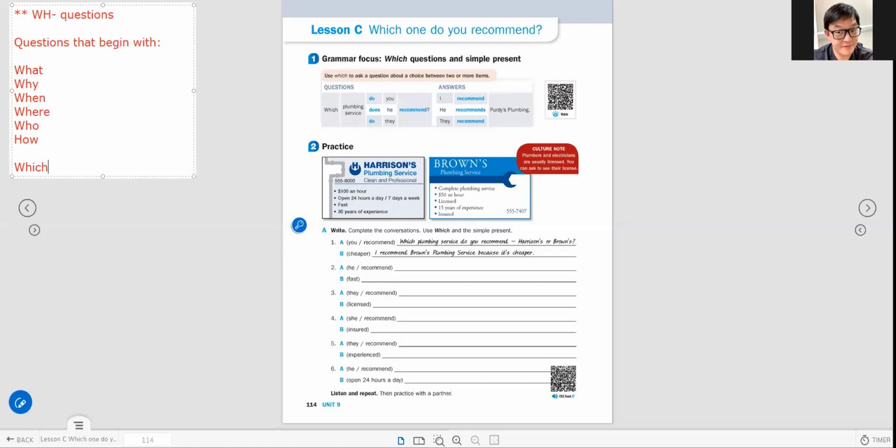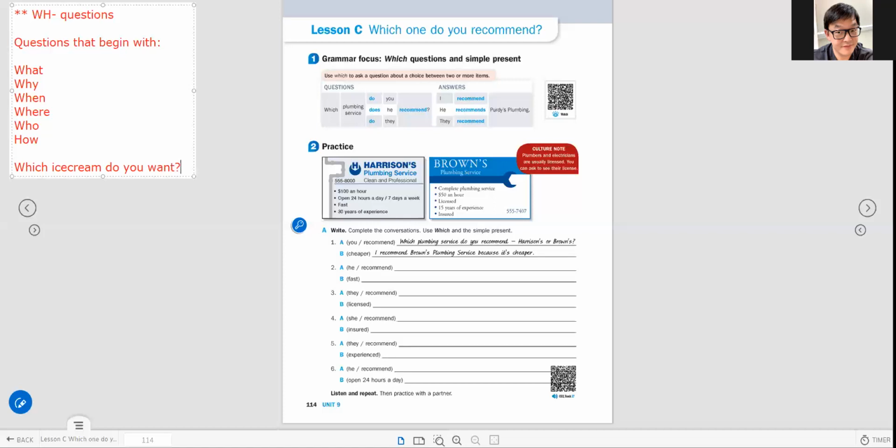I want to ask my daughter if she wants the strawberry or the chocolate. Then I use which. Look here on the screen, which ice cream? Because it's a choice. Which ice cream do you want?